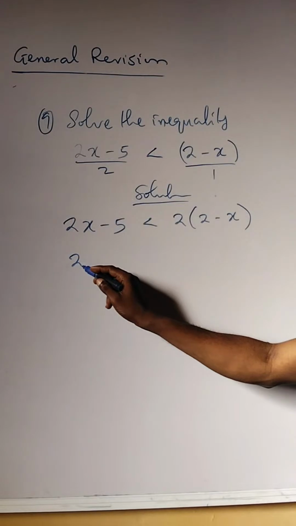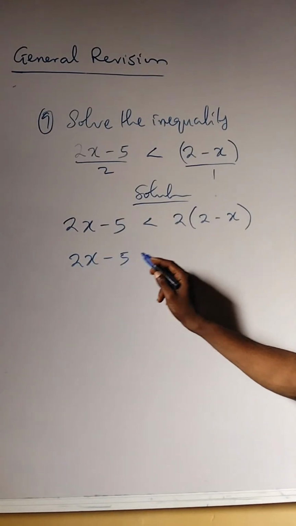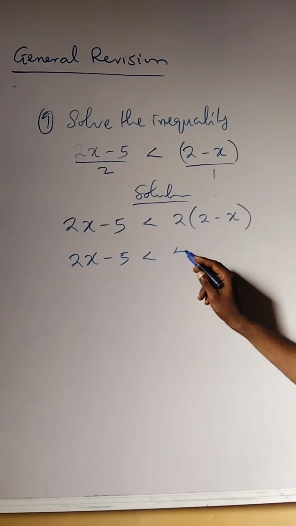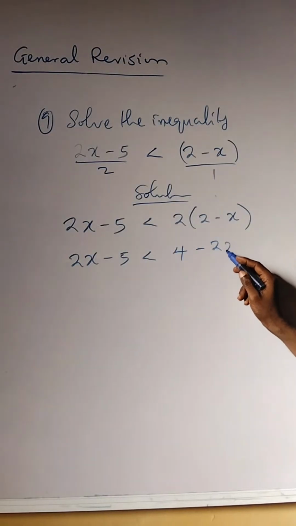So we have 2x minus 5 less than 2 open this bracket, 4 minus 2x.